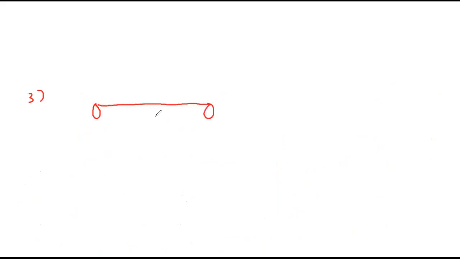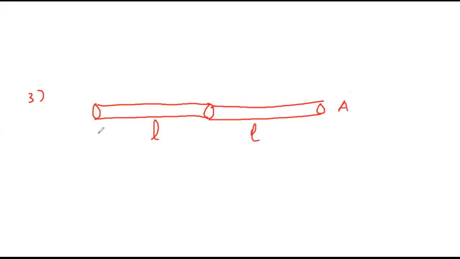This is one conductor connected to another conductor. Length is L, area is A. This is having ρ1, alpha1, ρ2, alpha2 as specific resistance and temperature coefficient.